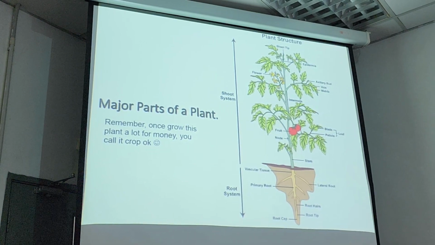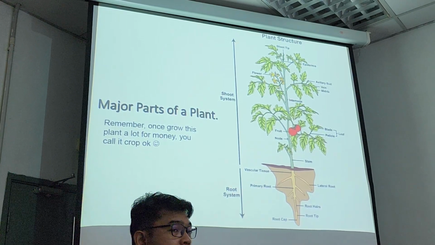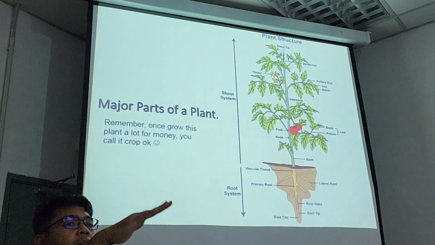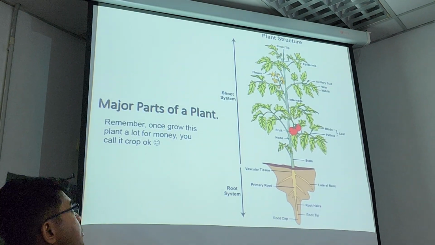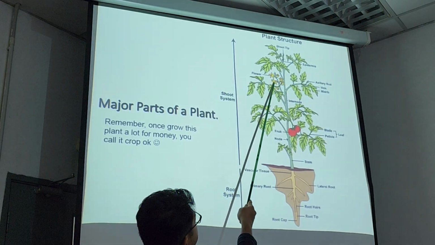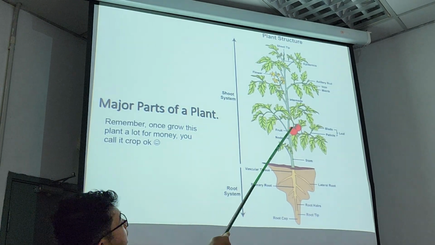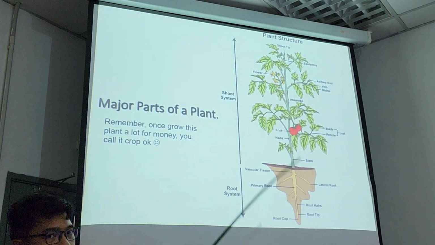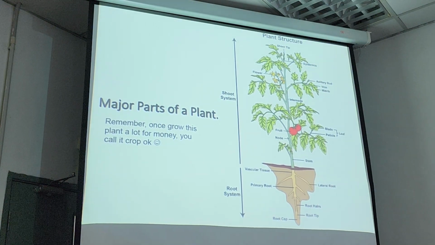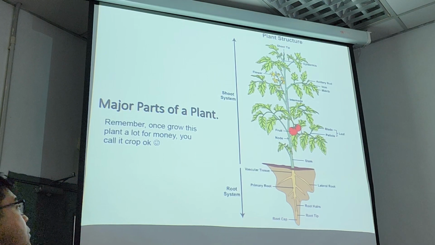The moment the plant has entered a certain maturity stage, it will undergo reproductive growth. Then you will start to have your flowers coming, and if the flowers get fertilized, they will develop and become fruit. Depending, some plants produce fruit, some plants produce pods, and so on.